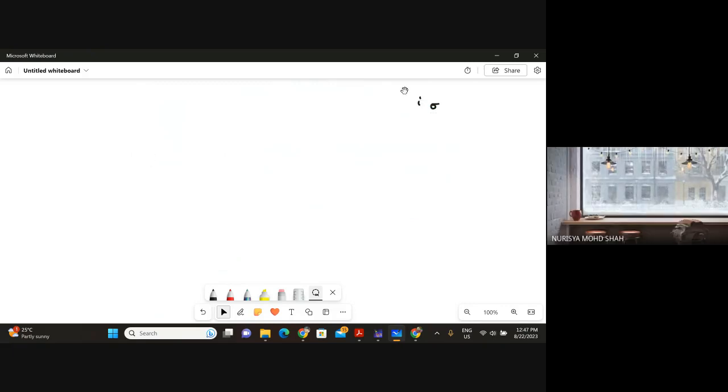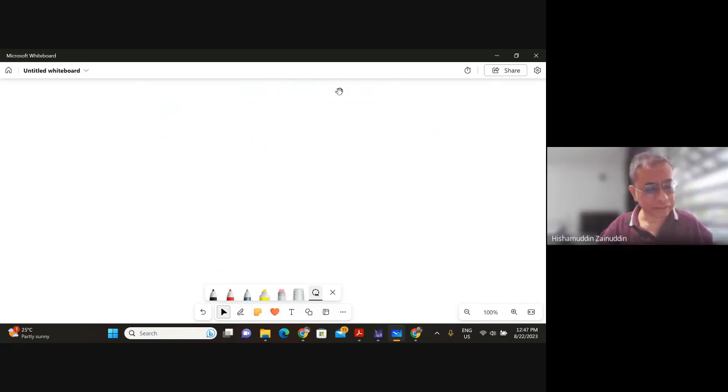Oh, what is this whiteboard? Oh, Microsoft Whiteboard. Okay, so now let me rewrite your lambdas again. I have to change that. I don't know how to use this.